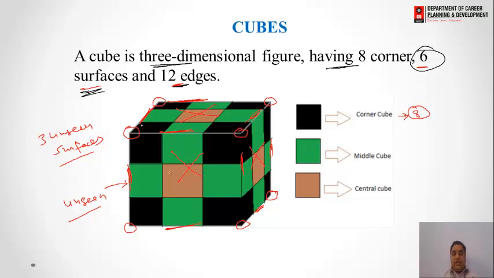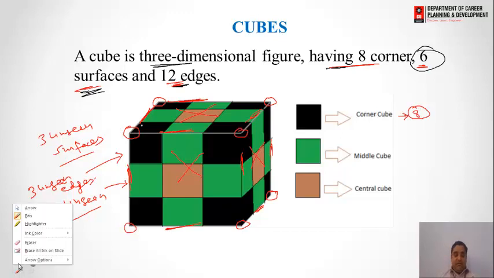Whereas the 3 edges we have unseen are just behind the visible figure. We have 3 unseen edges. So in this way we can say a cube has 8 corners, 6 surfaces and 12 edges.